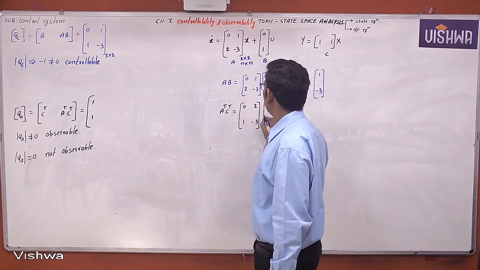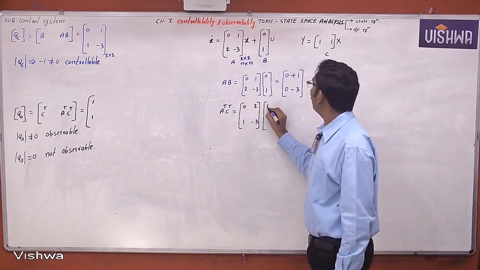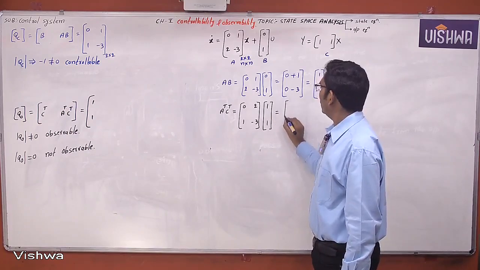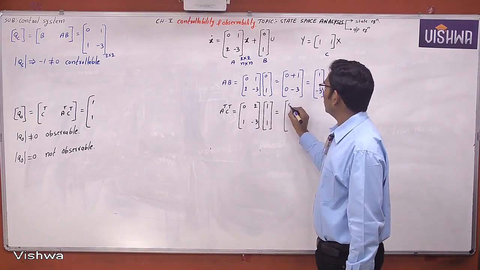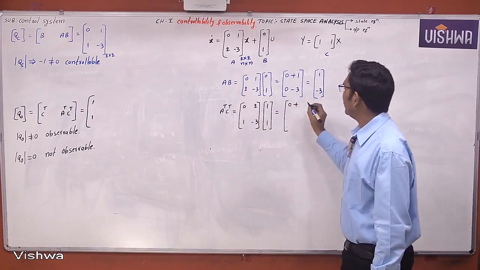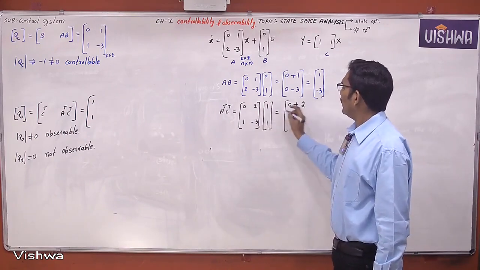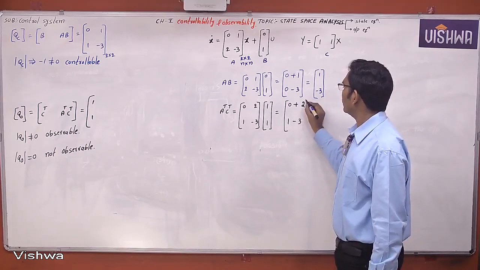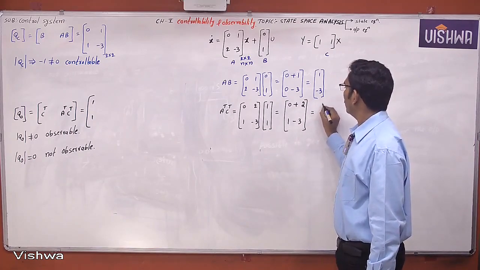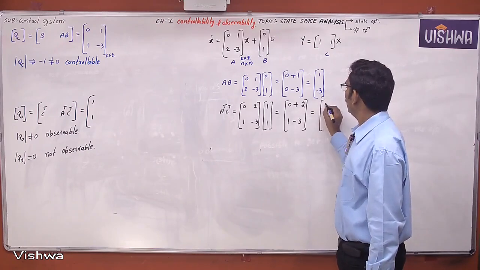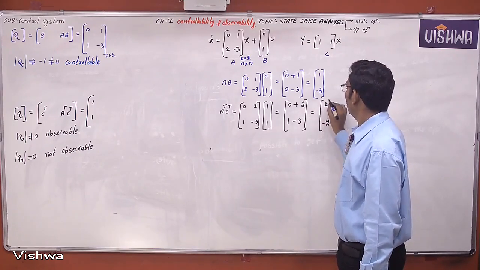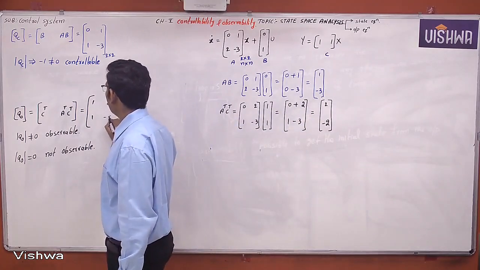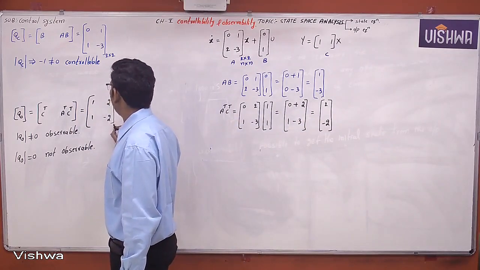Multiplying gives 0 into 1 plus 2 into 1 is 2, and 1 into 1 plus minus 3 into 1 is minus 2. So the result is [2, minus 2], also a 2 by 2 matrix with C transpose.